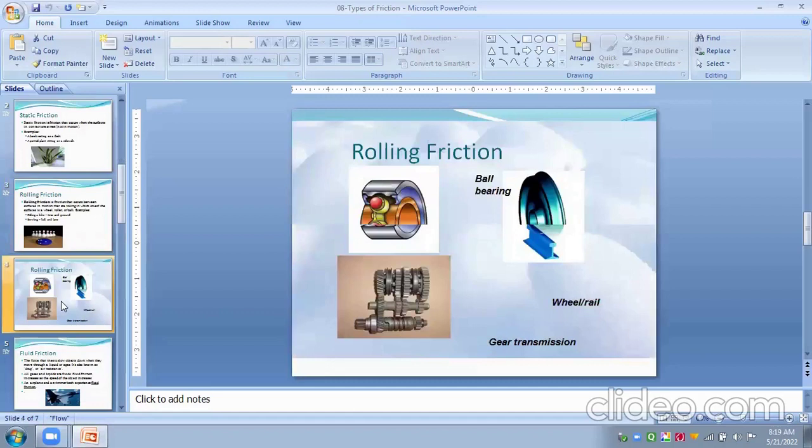You see some examples of rolling friction under various ball bearings, or rail wheels or gear transmissions, in which rolling action takes place and rolling friction is observed.